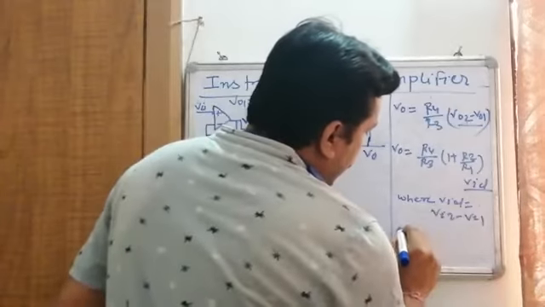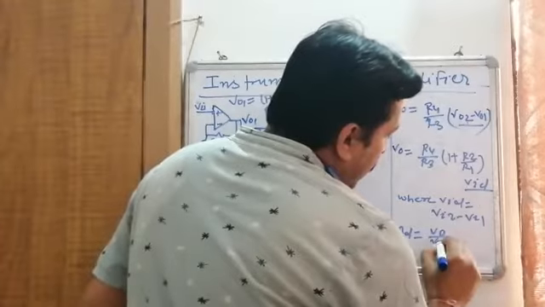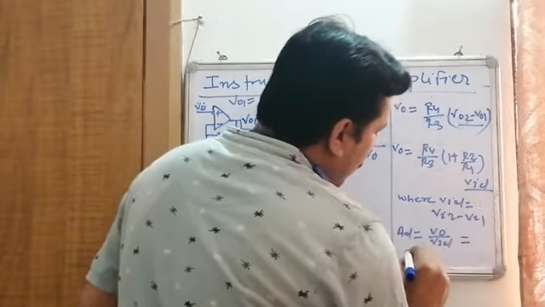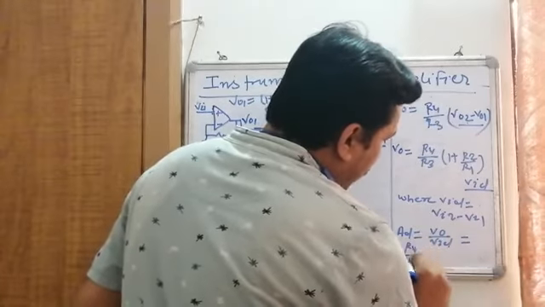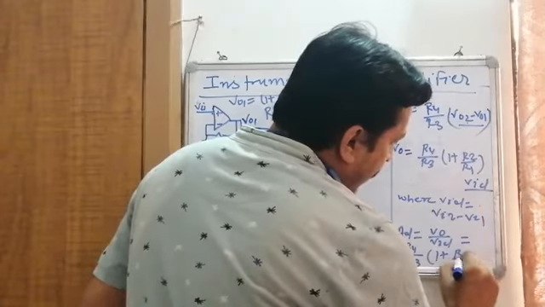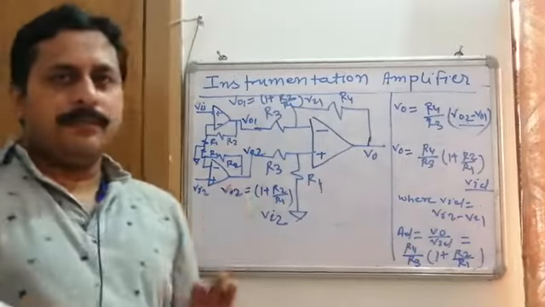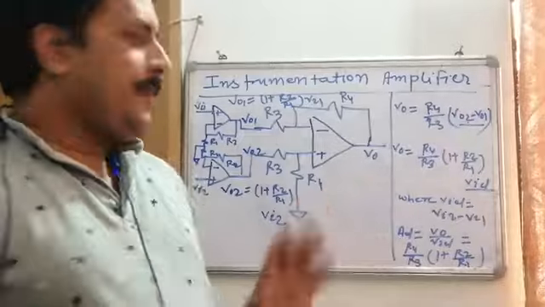So the difference gain AD is equal to V naught by VID, and it is equal to R4 by R3 times 1 plus R2 by R1. So this is the difference gain of the instrumentation amplifier.